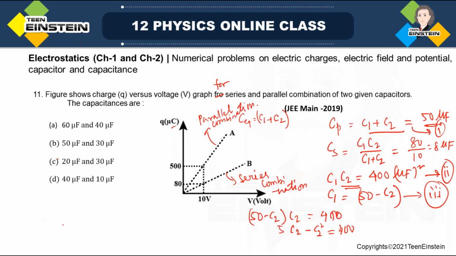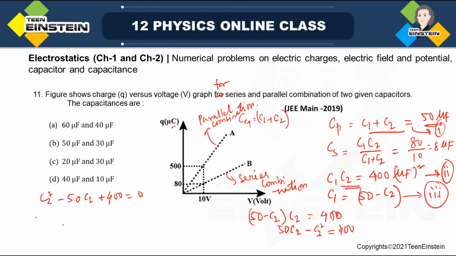So look, we'll just take it all on the same side. So C2 square minus 50 C2, and this is plus 400, because we are taking this on the right hand side.